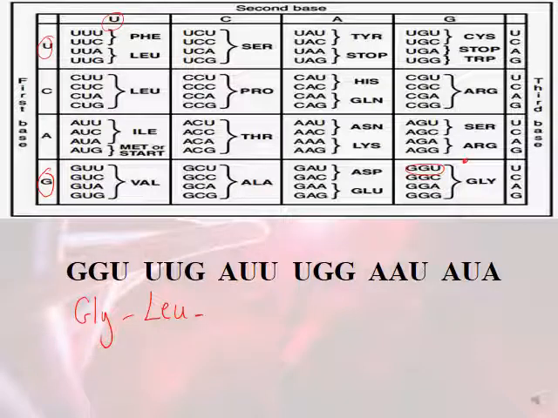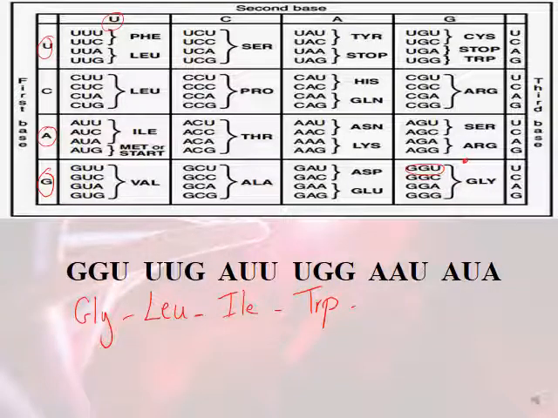Let's continue. For AUU, the first letter is A, the second letter is U, and the third letter is also U. So AUU is isoleucine, ILE. Now UGG: the first letter is U, the second letter is G, and the third letter is G, so it's tryptophan, TRP.